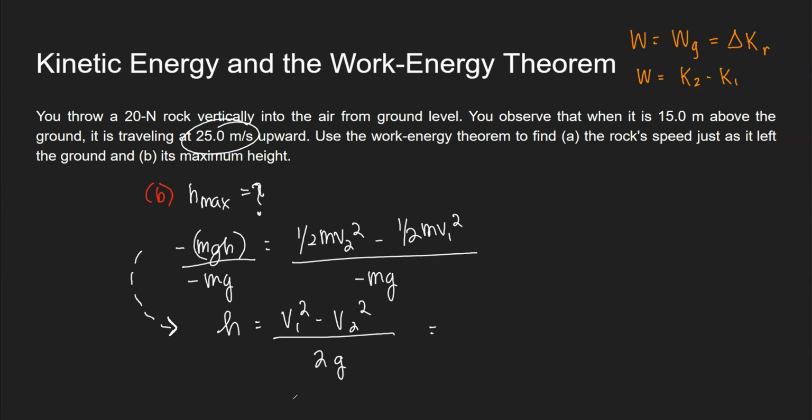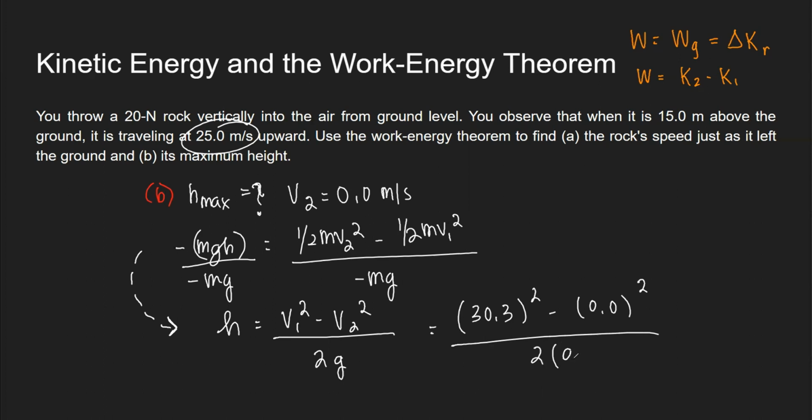So from there, I have 30.3 squared minus 0.0 squared. Why is it 0.0? Well, at h max, your v2 is actually 0.0 m/s. And if that's the case, then just plug it in here. Over 2 times 9.8 equals 46.8 meters.